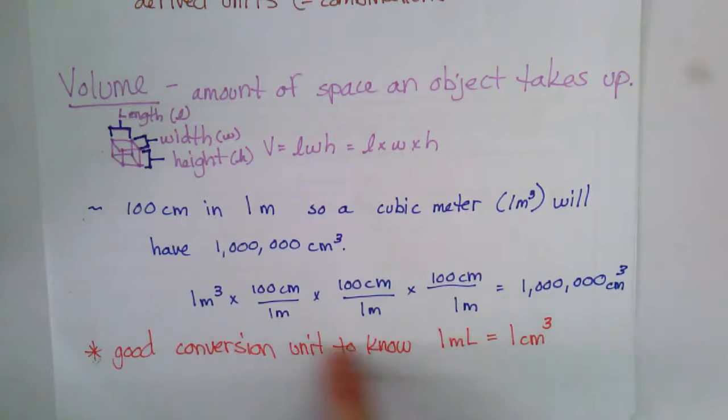If you multiply the top and the bottom, then you can take that whole number and divide it by the bottom number. Okay, and we'll explain that in class. And that will give you 1 million centimeters cubed. I have in red, it's just a side note, and it mostly applies for water, but 1 milliliter equals 1 centimeter cubed. So you can convert between liters and meters using this calculation.